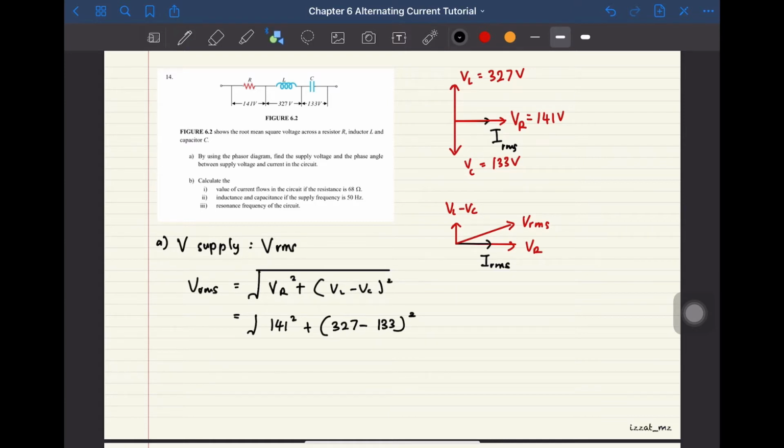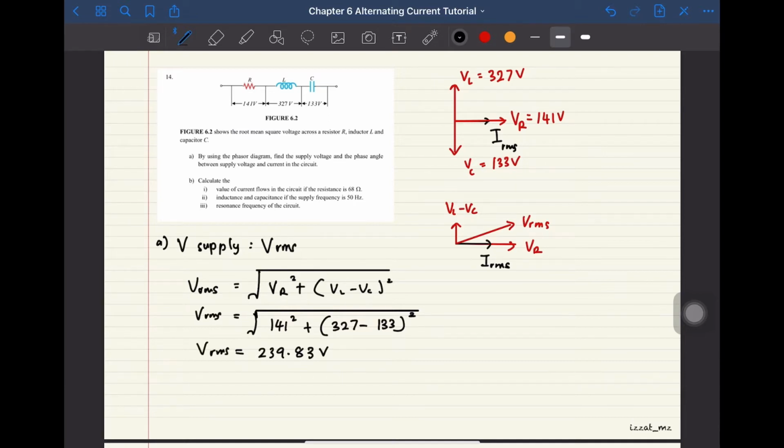You basically just apply it in terms of reactance and resistance. So this one you will get 239.83. This is your VRMS.